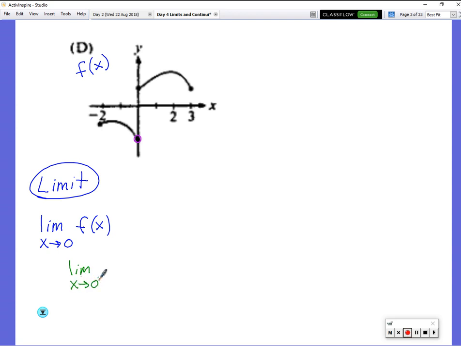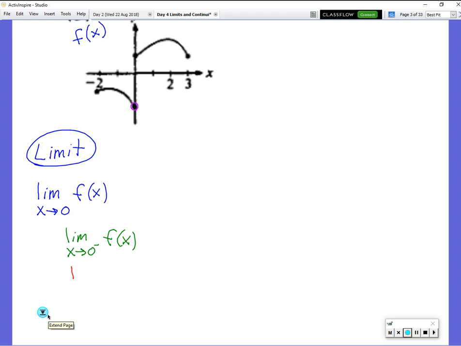I need to figure out what's happening when the x value is getting really close to 0 from the left, meaning it's really close to 0, but just a little bit negative. That's where you have to start thinking about it. But you can't forget that x could also get close to 0 from the right.